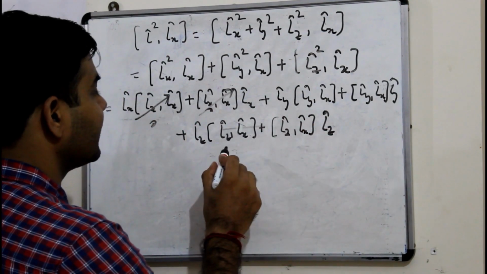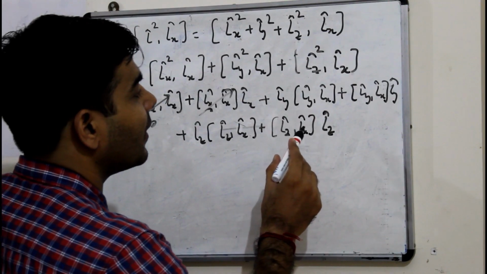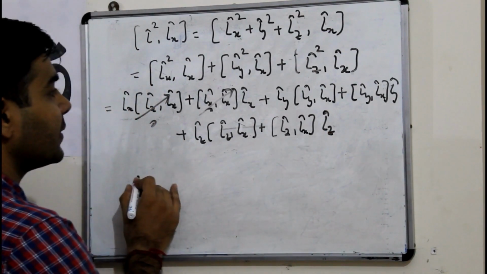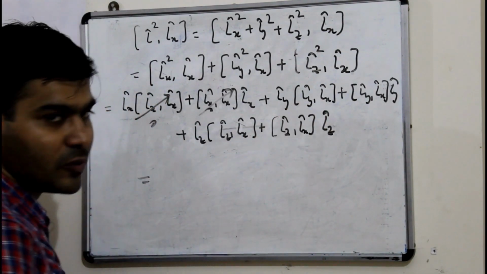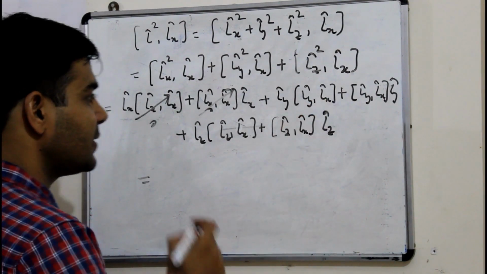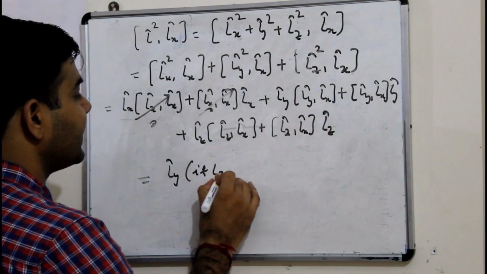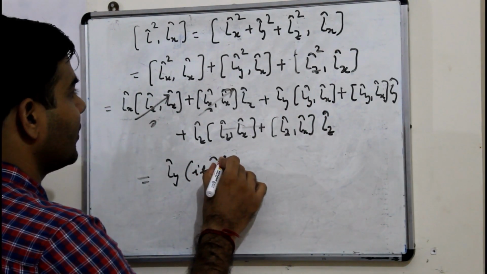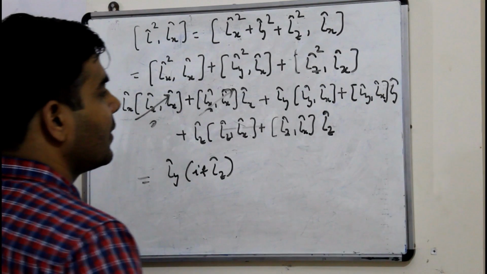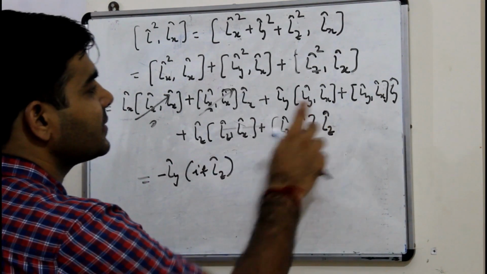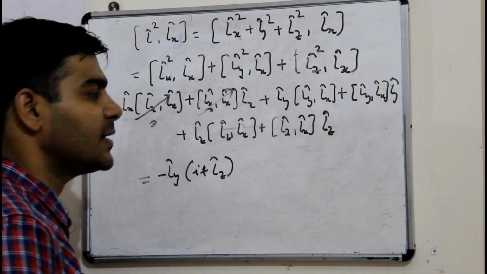Now you see L_y and L_x hat, the commutator of these two is equal to minus iħ L_z hat, because the commutator of L_x hat and L_y hat is iħ L_z hat.